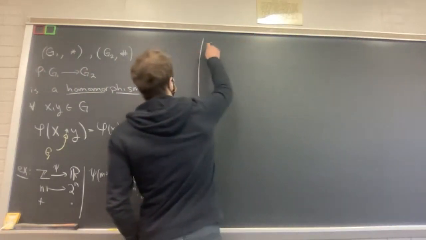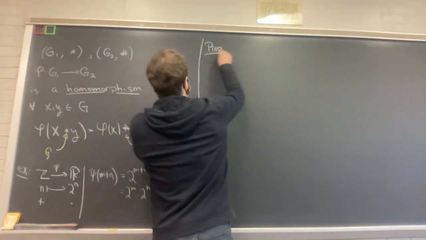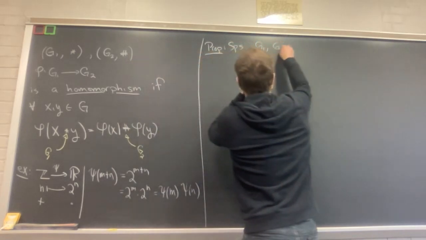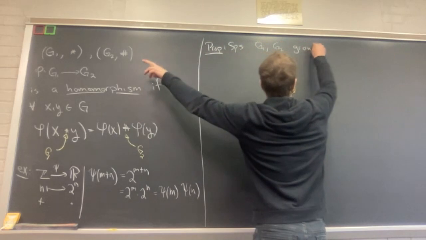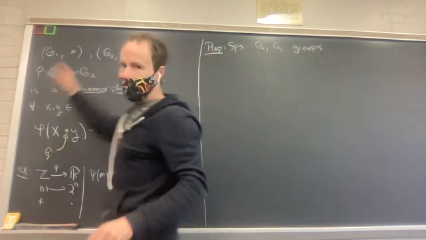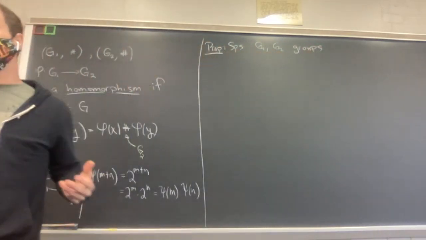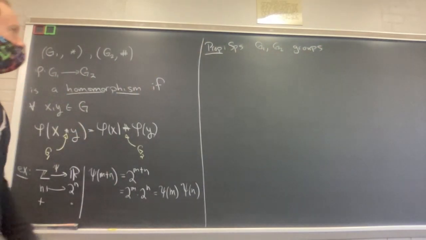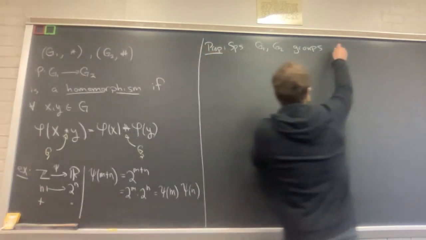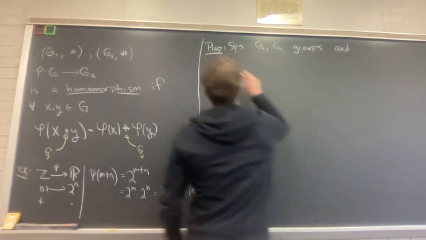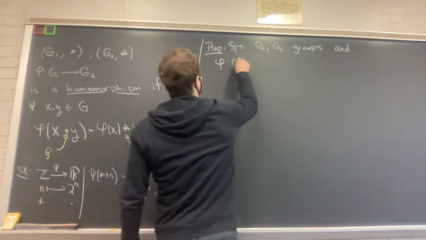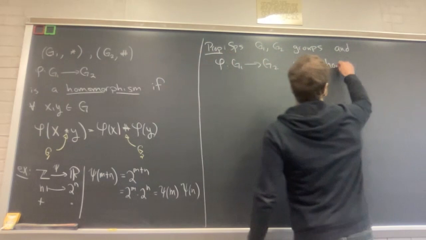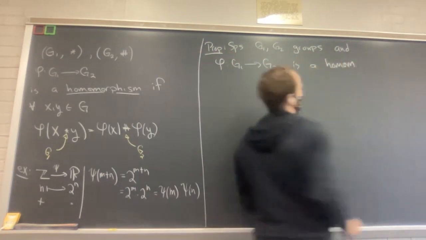Let's call this a proposition. Suppose that G1 and G2 are groups, and I won't worry about the operation like star or pound, I'll just write the two elements next to each other so it can be inferred. And phi from G1 to G2 is a homomorphism.